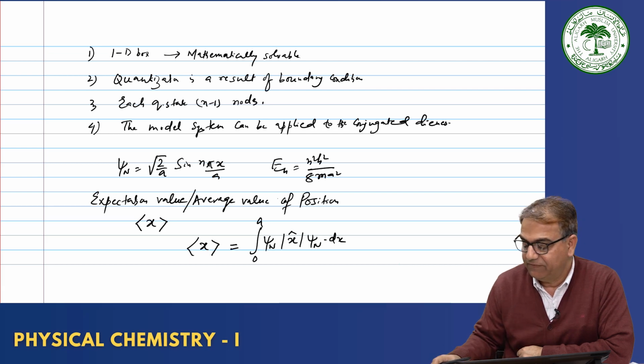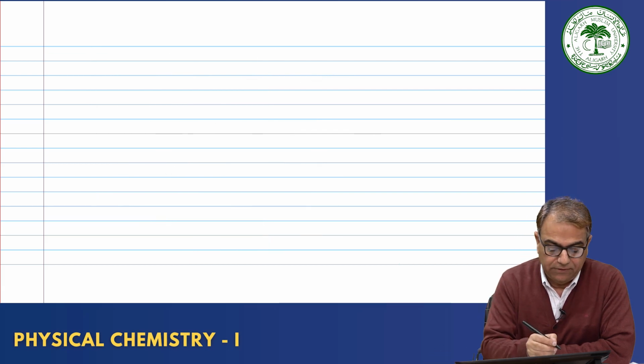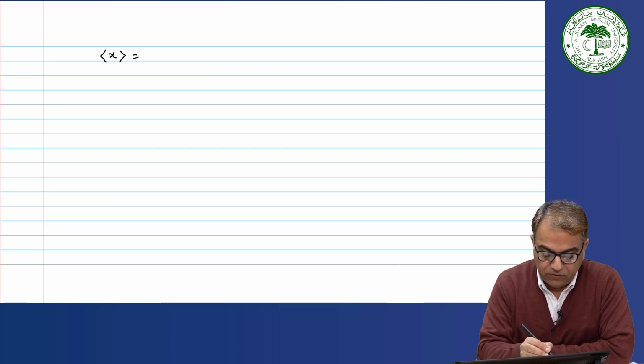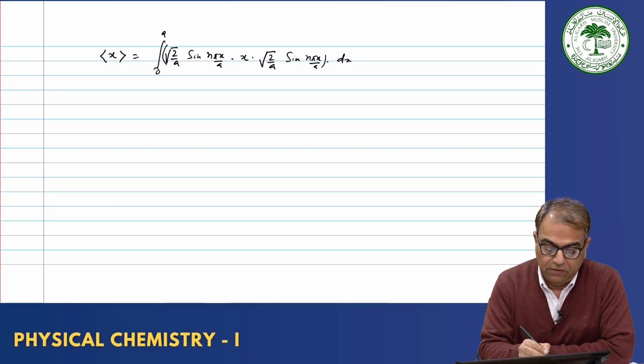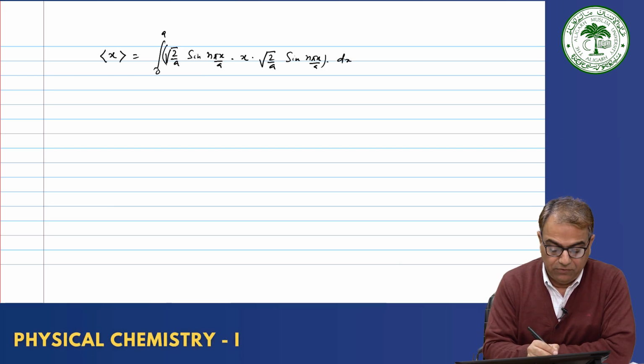So you can calculate this value, and if you do this, you will write the integral from 0 to a of root 2 by a sine n pi x upon a, then you multiply by x, and then root 2 by a sine n pi x upon a into dx. This will be the expectation value.